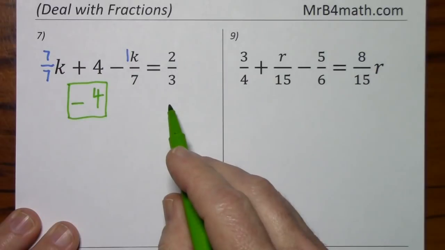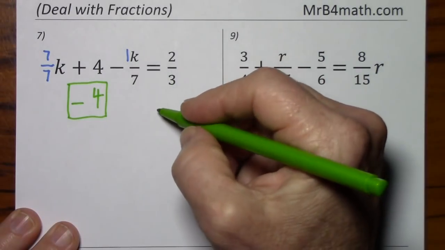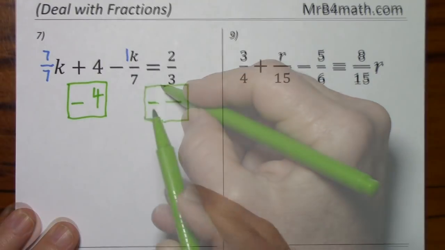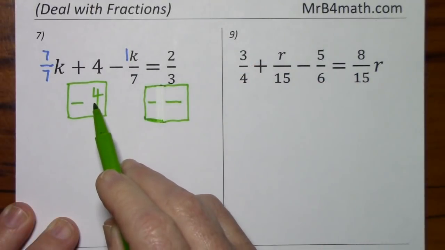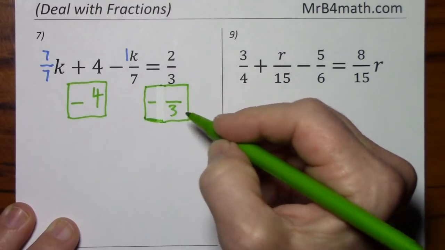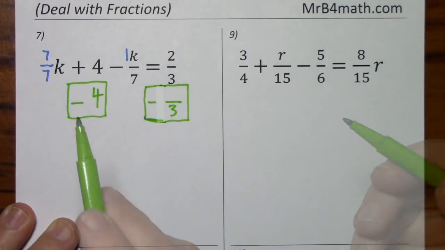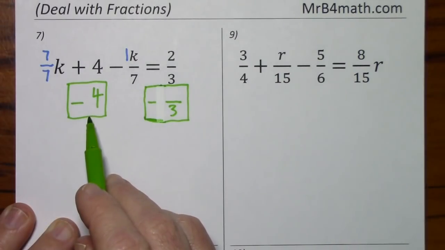But rather than write negative 4 over here, I want a denominator of 3. So somehow I'm going to write this negative 4 as negative something over 3. I put negative 4 on this side.